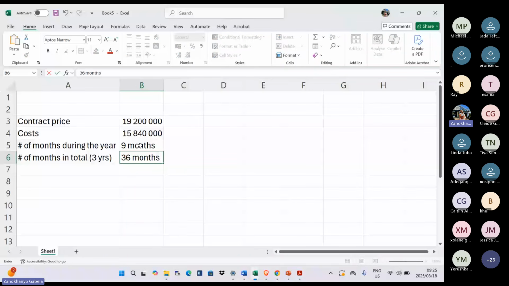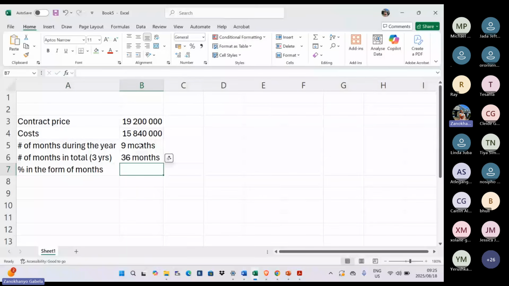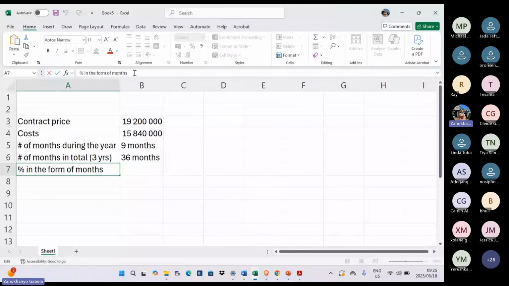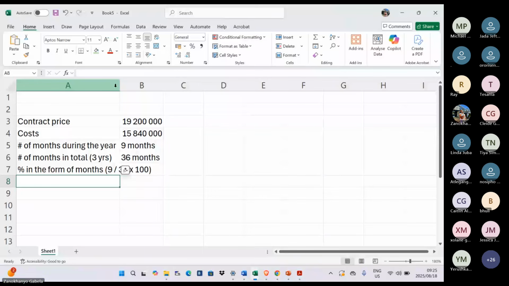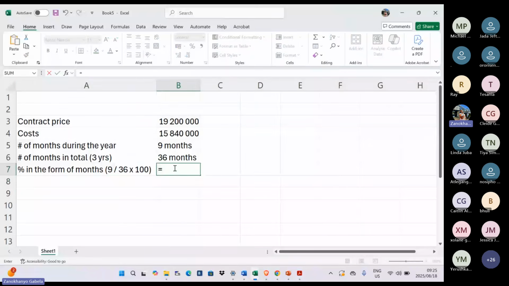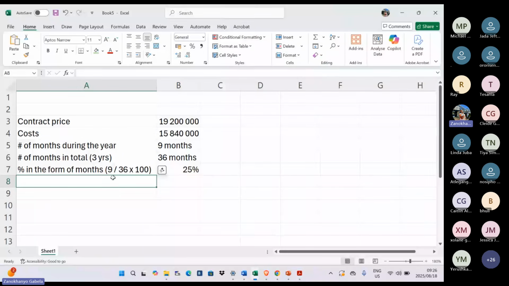And then this is a percentage in the form of months, or time in this case. Because we want to know for the current year, you're going to say 9 out of 36 and then times 100. That's going to be 25%, which equals 9 out of 36. Okay, 25%. Perfect.